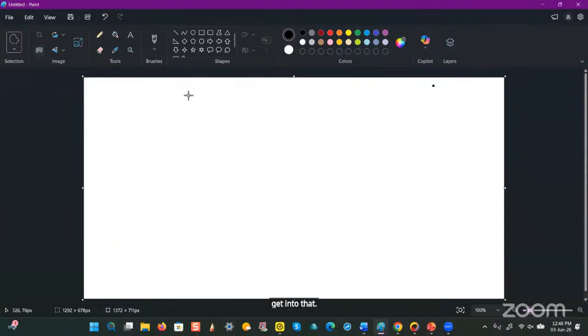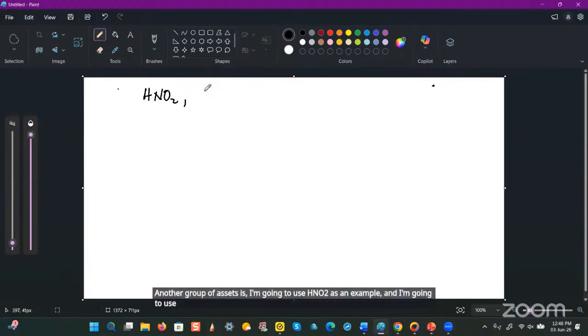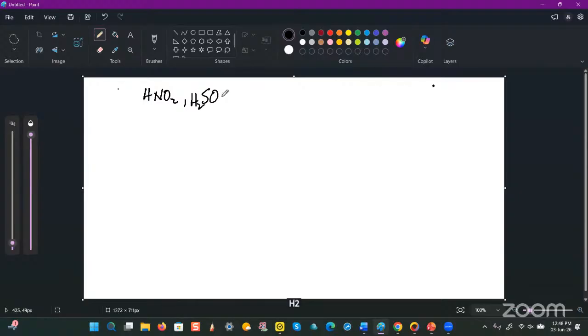The example we're going to look at to deal with naming another group of acids is HNO2, and I'm going to use H2SO3 as another example. So let's say you're asked to name this acid, HNO2.